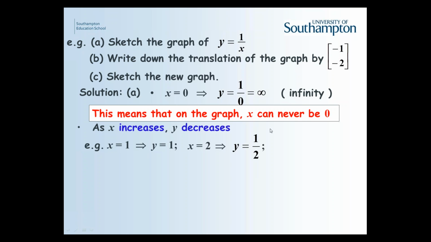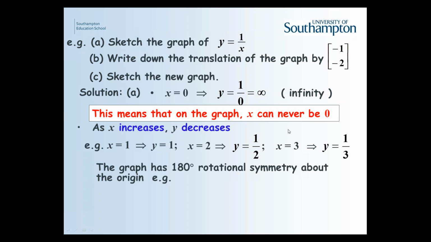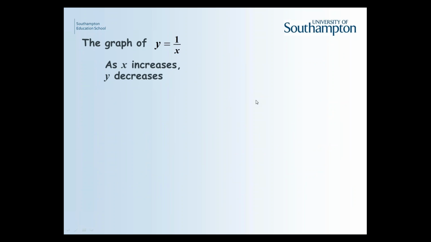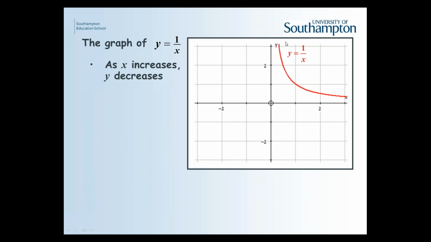And so on. The same is true the other way as it's negative. What that means for the graph is that as the x increases, y actually goes down. So it starts up high and gradually drops down, but actually can never ever touch this bit here.